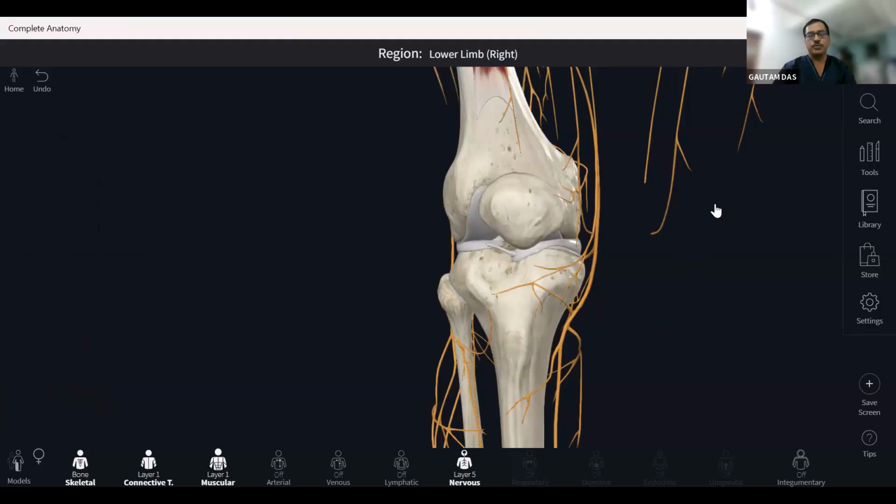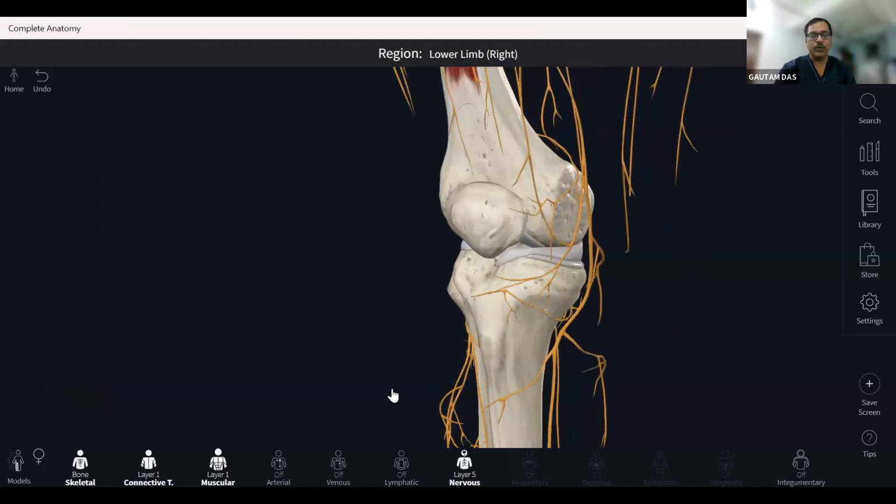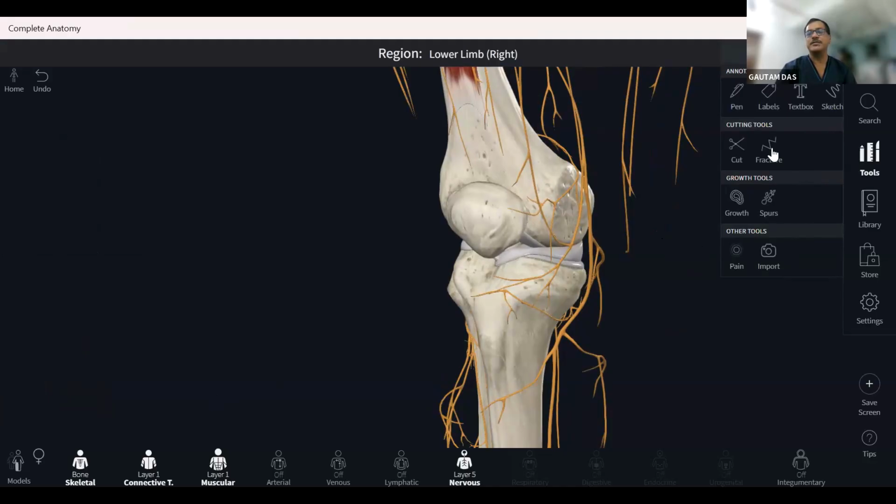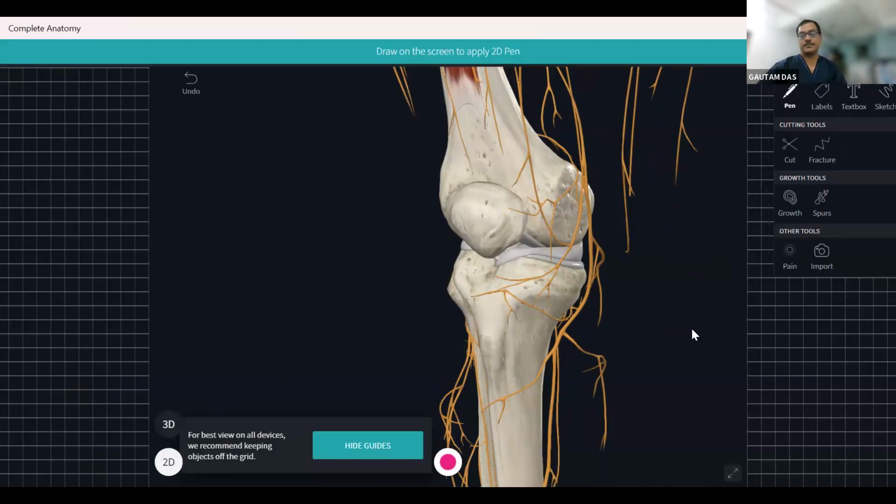Okay. So on the medial side, let me draw the ligaments, because the 3D anatomy is not always foolproof. Many times there are problems.